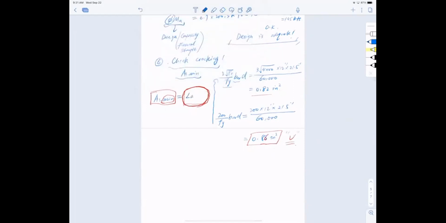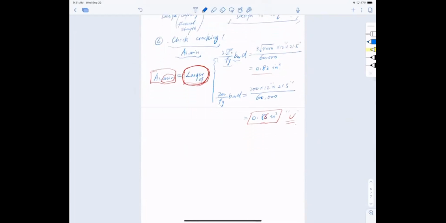So I'm at 0.86 inch squared. What I have is As provided, 2 inch squared. That is much larger than the As min, which is 0.86 inch squared. So I'm okay.